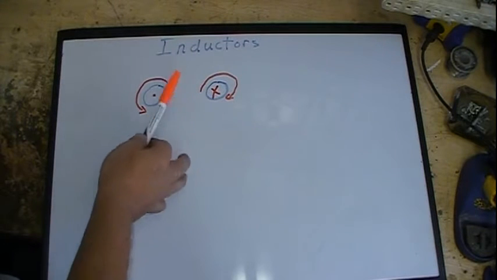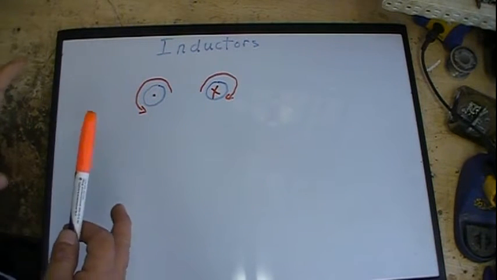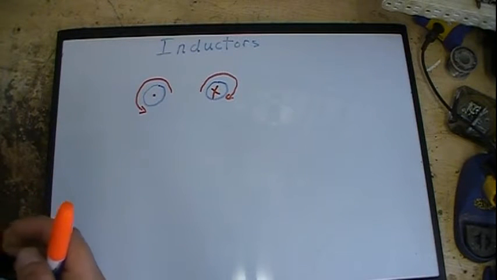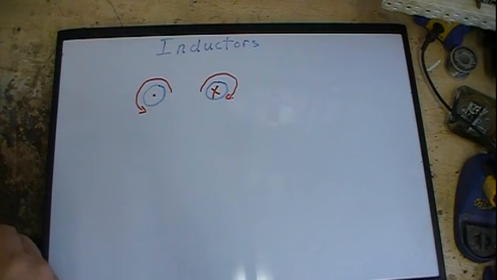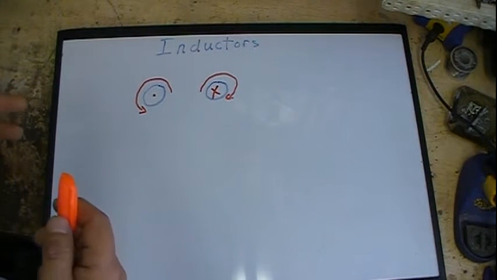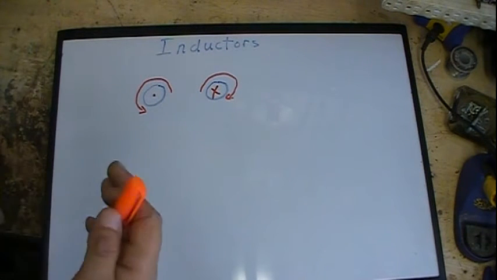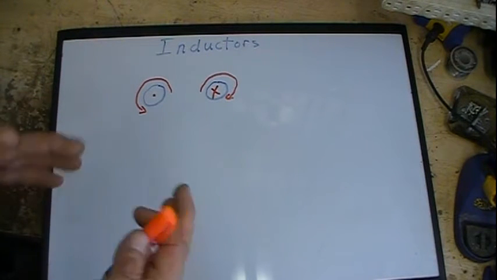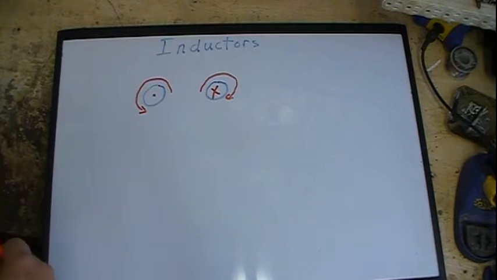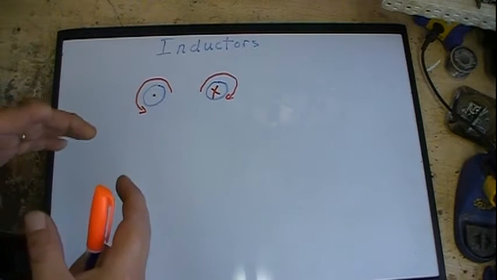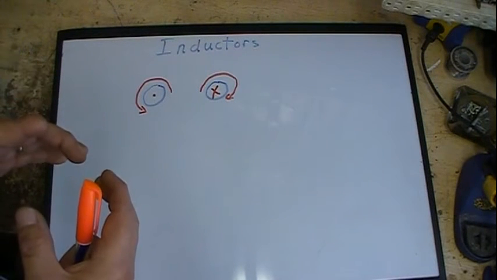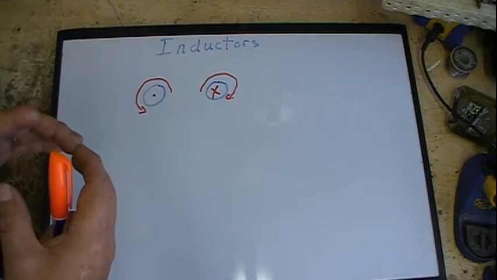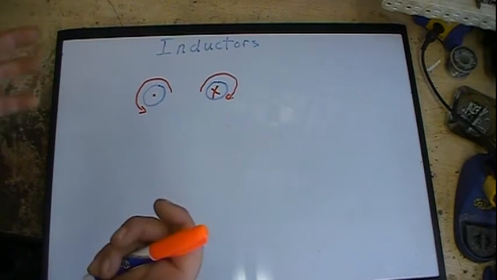For all practical purposes, I'm not absolutely concerned about that direction per se. It becomes important when we deal with mutual inductance, but when we get to that point, I'll discuss how you can tell, and you won't really need any rules to know for sure, if you have two coils with mutual inductance, whether they're adding, which means in phase, or subtracting, which means out of phase.